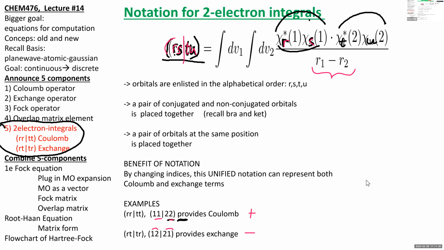By swapping the order of these indices, one can represent either Coulomb or exchange. We do not need it for the class. It's just so that when you see this abbreviation in the literature, you do not get scared and you know where to find the definition. For example, if one has RRTT or 1122, it will be Coulomb. If one has RTTR or 1221, it will correspond to exchange.